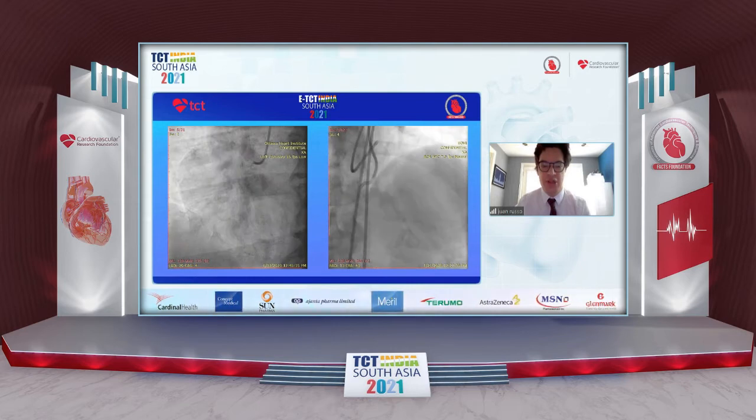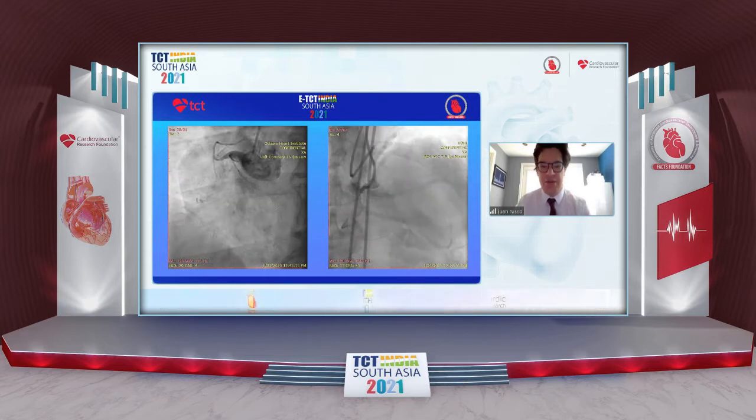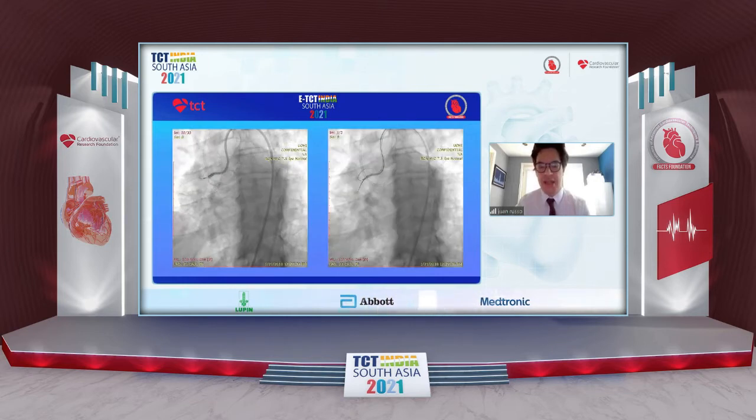So this is an example of where an Eagle Eye was used to identify a proximal cap. Here's a proximal CTO of the RCA, and there was a branch that kept limiting antegrade wire escalation, as the wire would keep going into that branch when we were trying to penetrate the proximal cap of the CTO. In order to identify the proximal cap, and prior to converting to a retrograde strategy, we used a workhorse wire to deliver an Eagle Eye into the side branch.